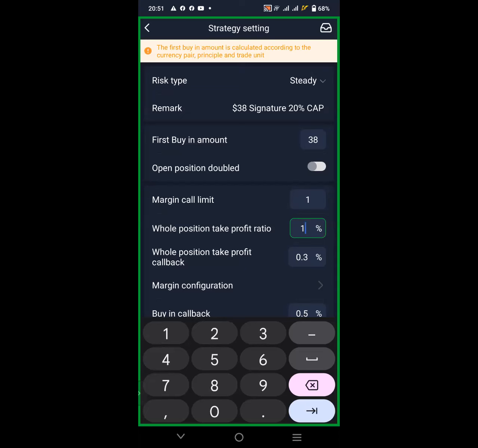So now what we need to do, Coyote, below the whole position take profit ratio, where we put 1%, we see a whole position take profit callback, which is 0.3%. What does this mean? It means when your position has gone into profit, and it has hit 1% in floating profit, the asset you are trading has appreciated.